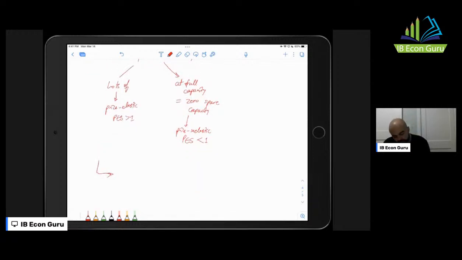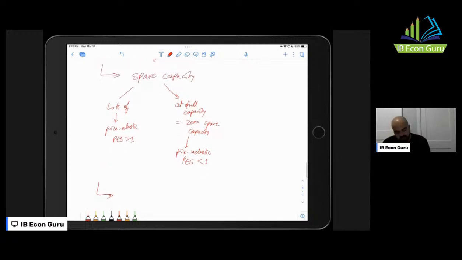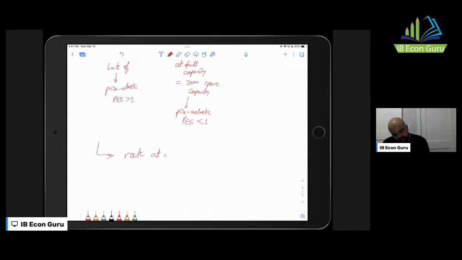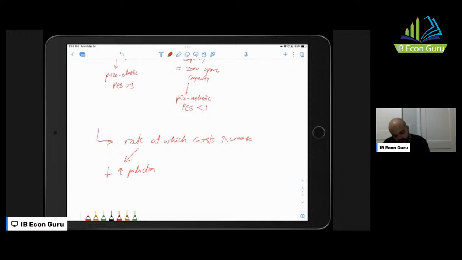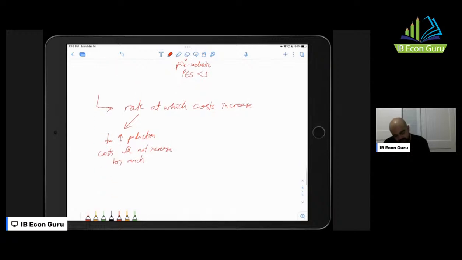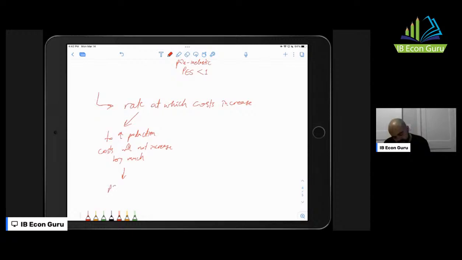So this is number 1, spare capacity. Number 2, the rate at which costs increase. If, in order to increase production, costs will not increase by much, supply will be very elastic, so price elastic supply. In the case of a product where increasing quantity supplied isn't going to add up too much to the production costs.